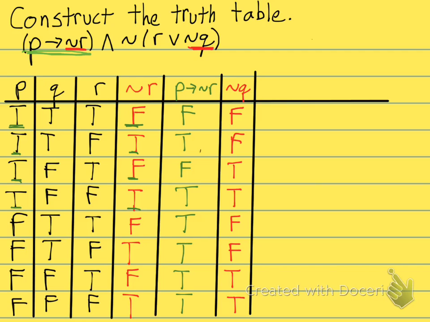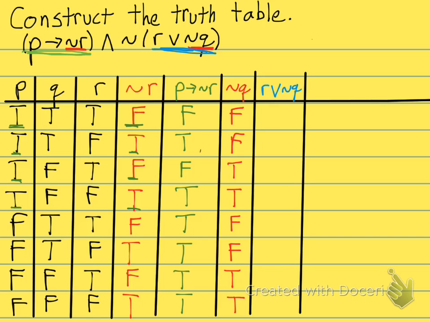Again, just looking at the Q column and writing down the opposite values. Moving on now, we have this quantity inside here, R or negation Q. I'm sorry, I said R and negation Q, I really meant R or negation Q.